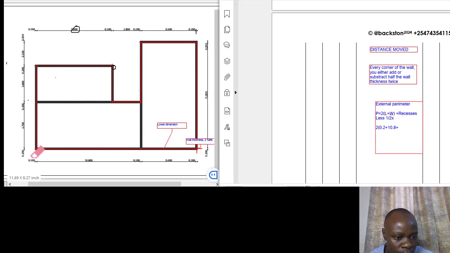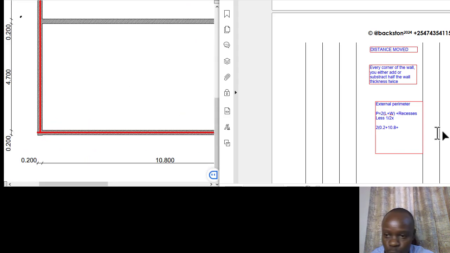You just check from this particular plan, it's 200. Okay, so that is 0.2, okay, times 2 on every corner, and then we'll also multiply it by 4 corners. So this is the formula that is going to give you that particular center line.